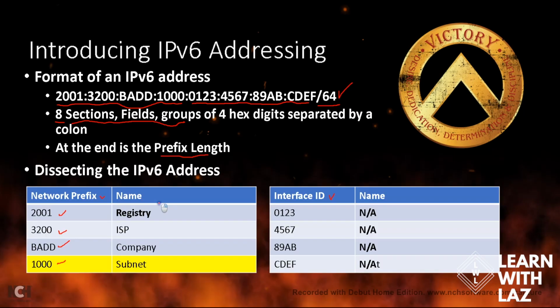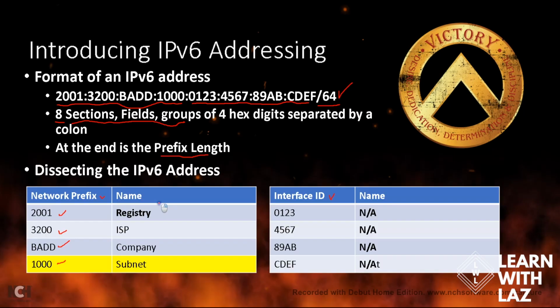Because when we look at the types of networks, the globally unique address is 2000::/3. So we give you 2001. Then the ISP gets 2001, and then it gives them a 3200. So we have an ISP with 2001:3200.